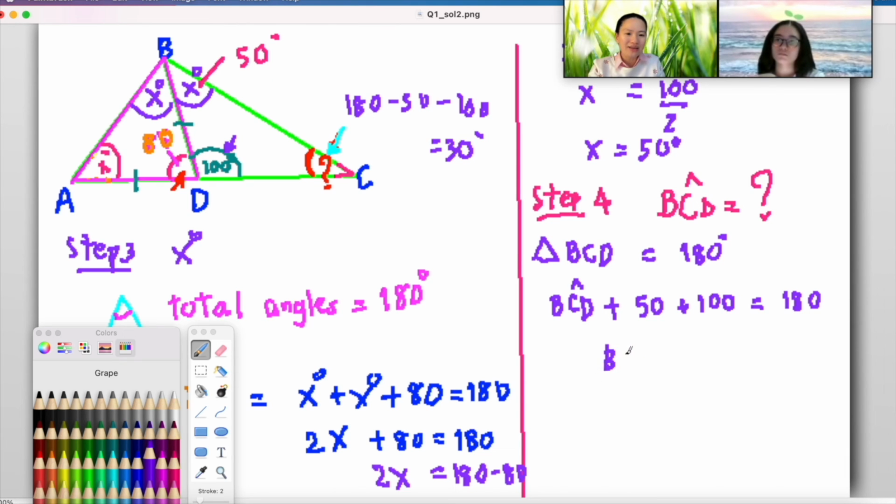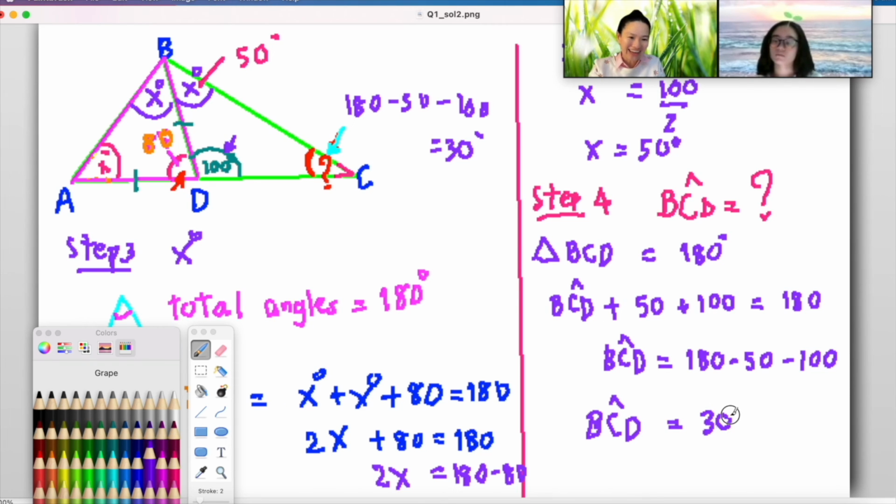So BCD, the one that we would like to find, equal 180 minus 50 minus 100, which is equals, Leila, tell me the answer. 180 minus 50 minus 100. 30. 30. That's it. And this one is your answer.